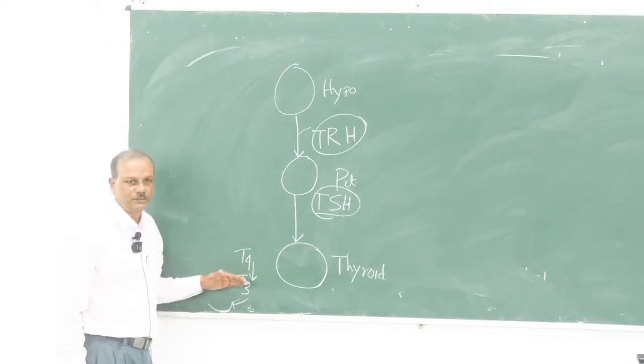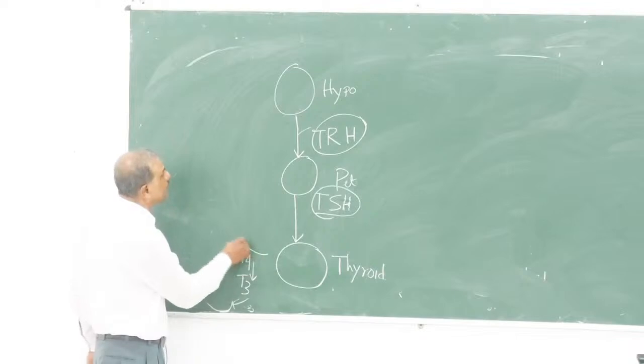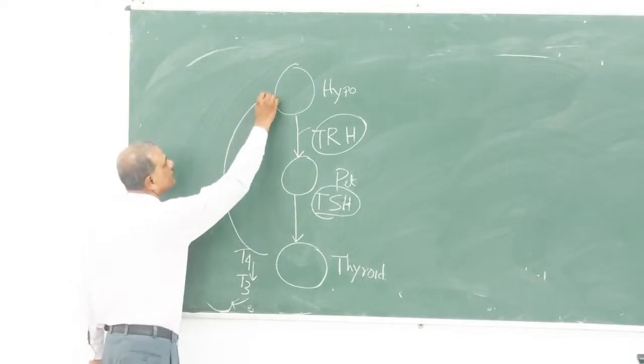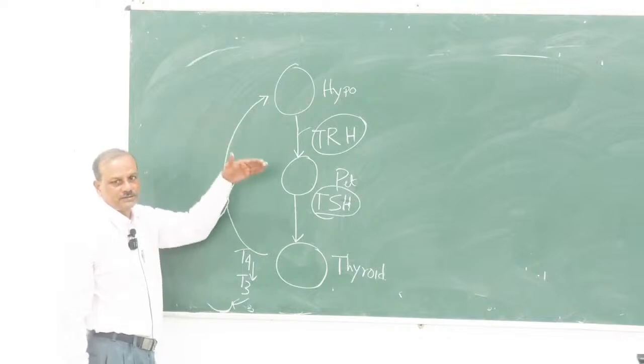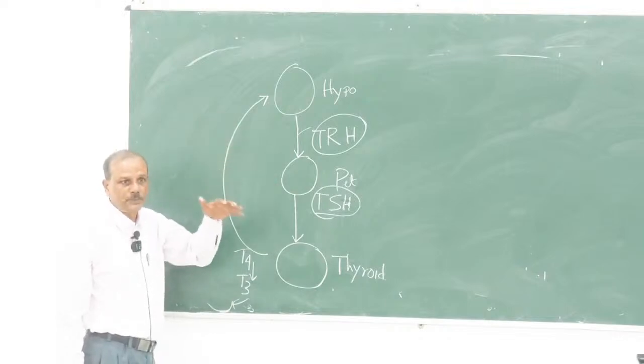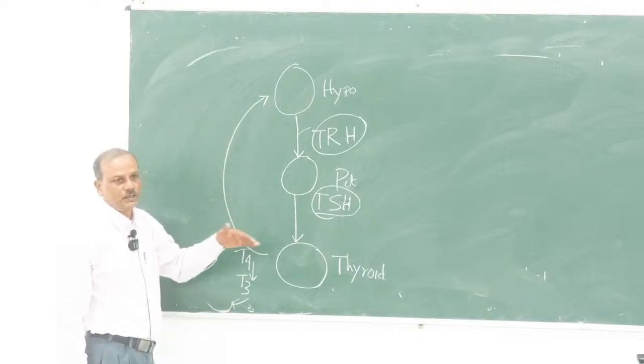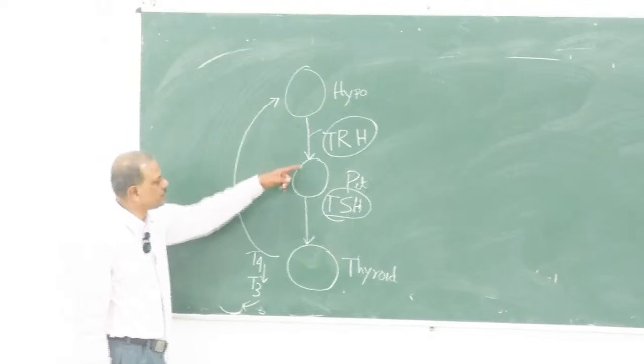So when there is less production of T3 and T4, it will stimulate the hypothalamus to release more TRH as a compensatory mechanism to increase the production of TSH.